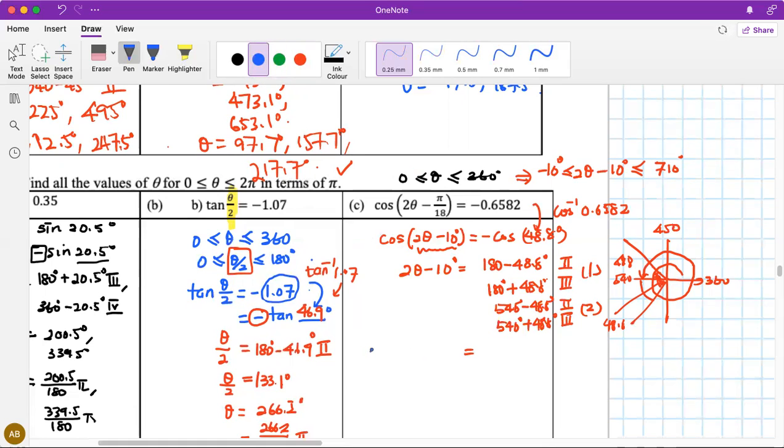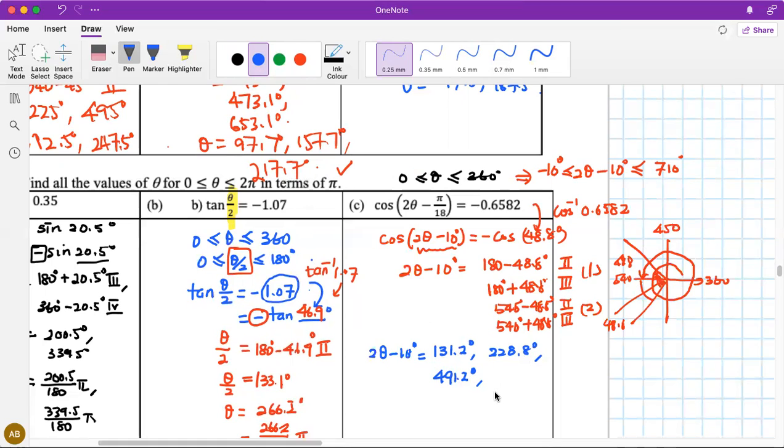So I write here 2 theta minus 10 degrees. You will get 180 minus 48.8, which is 131.2. Then 180 plus 48.8 is 228.8 degrees. Then 540 minus 48.8 gives 491.2.